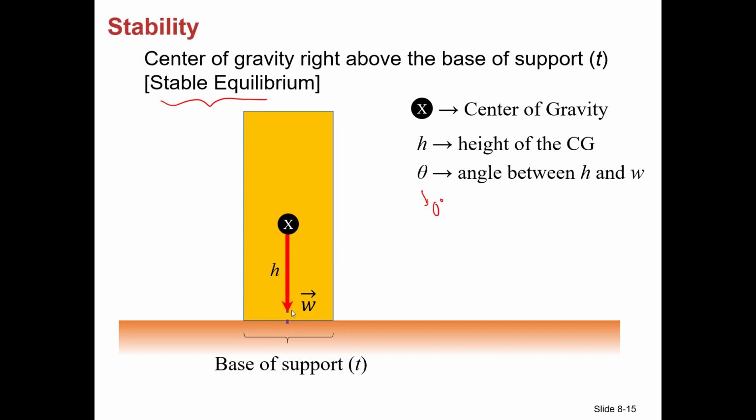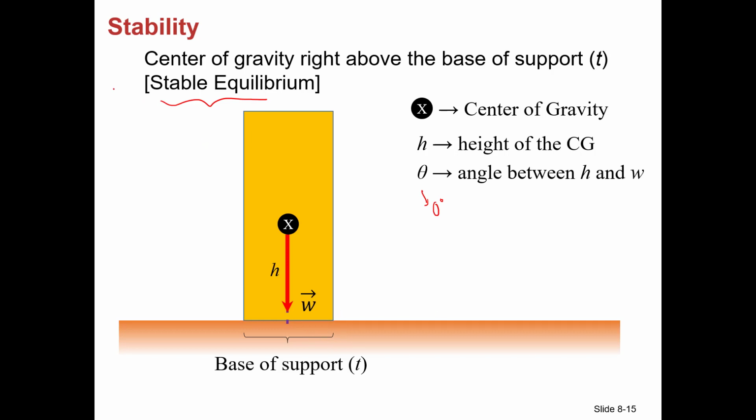Stable equilibrium means the condition in which the object remains at rest unless you disturb it. As long as there is no external disturbance, the object will remain at rest, and even with a small disturbance it will come back to its original state. So that's stable equilibrium. If you slightly move the object, it will again come back to this state.